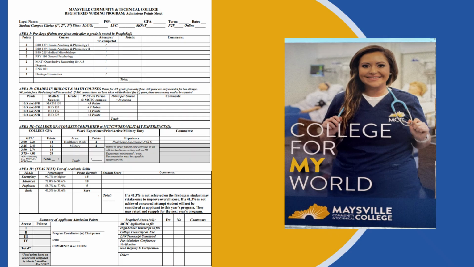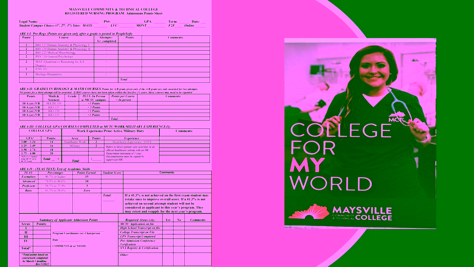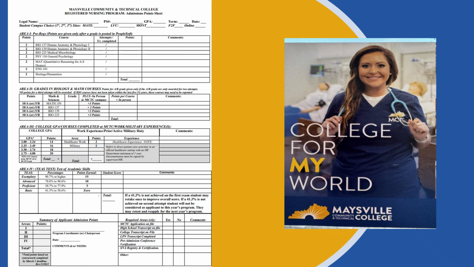So if you get a C or less, you will not be able to move forward in the nursing program. And then you have your general psychology or math 141 or higher, your English 101, and your humanities and heritage classes.